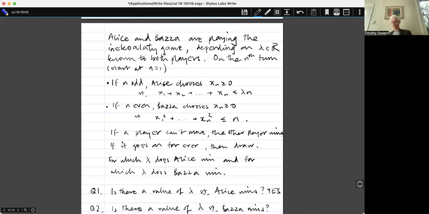So actually, if lambda is 0, then Alice is forced to choose x1 to be 0, but then Bazza can choose x2 to be root 2 or 1 or any positive number, and then Alice is in deep trouble for x3.